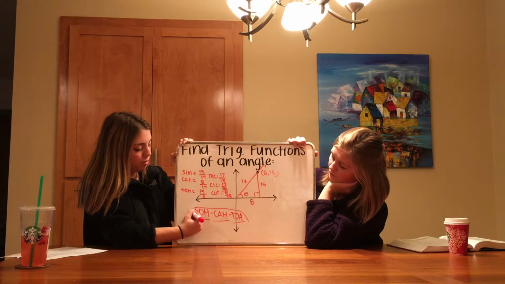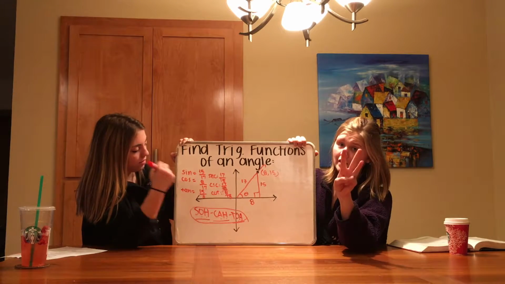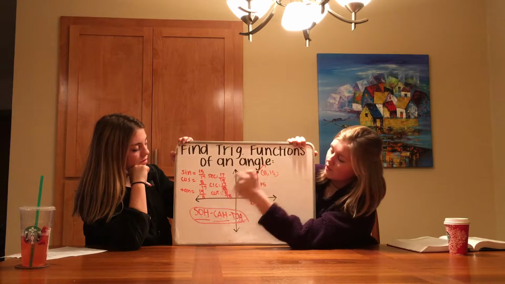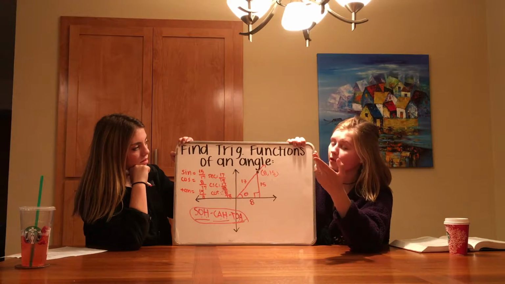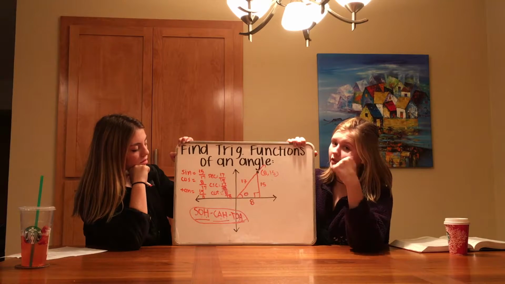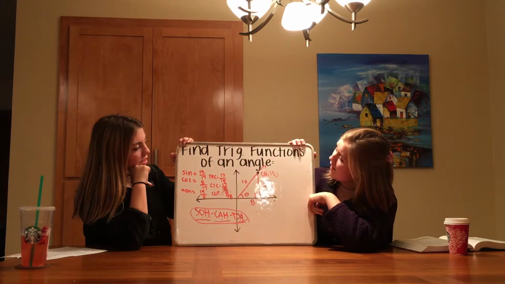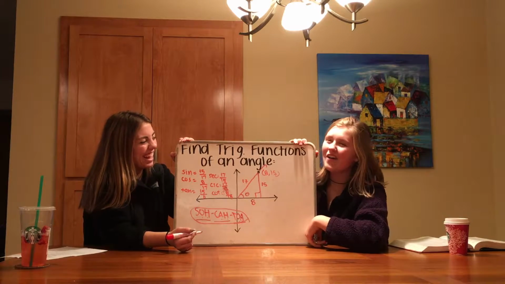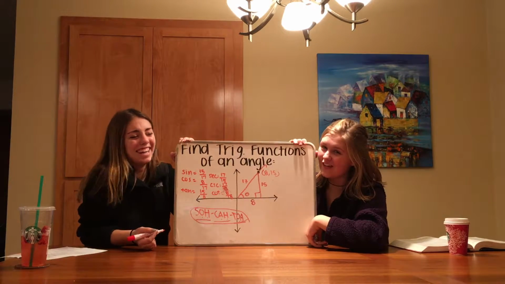This can just help you remember the first three. But remember the second three, which are secant, cosecant, and cotangent, they're just the reciprocals of sine, cosine, and tangent. And that's all we have for finding the trigonometric functions of an angle.